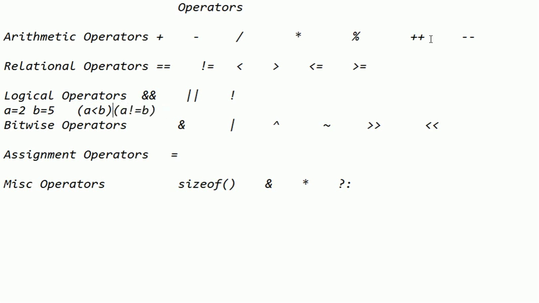So if I have a pipe operator in here and I change this second condition to a equal to b, the result will be true again because in a pipe operator it is enough that either one of the conditions become true. So that's the difference between pipe operator and logical AND operator.